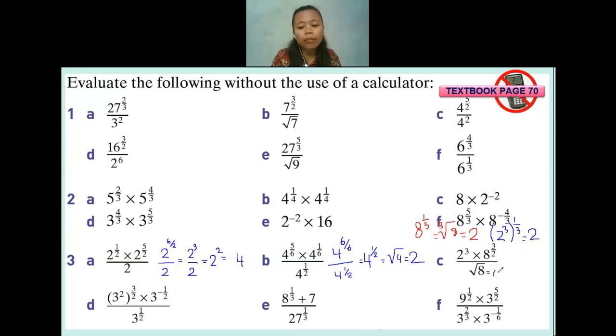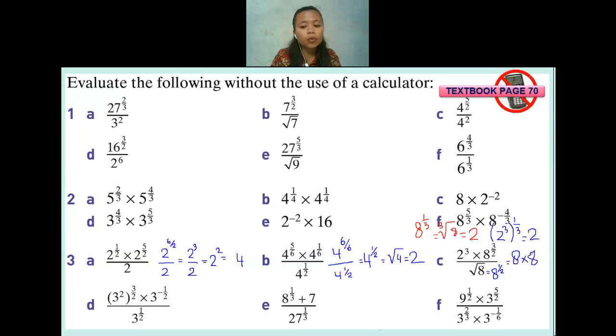For the question C, square root of 8, I want to change it to become 8 to the power of a half. Square root of 8, I change it into 8 to the power of a half. So now I will have 2 to the power of 3, which is equal to 8, right? And then I have 8 to the power of 3/2 divided by 8 to the power of a half.